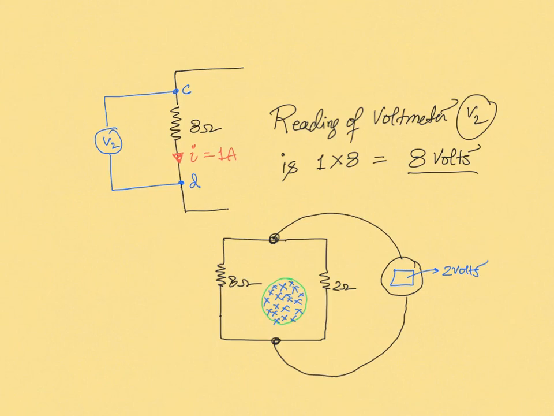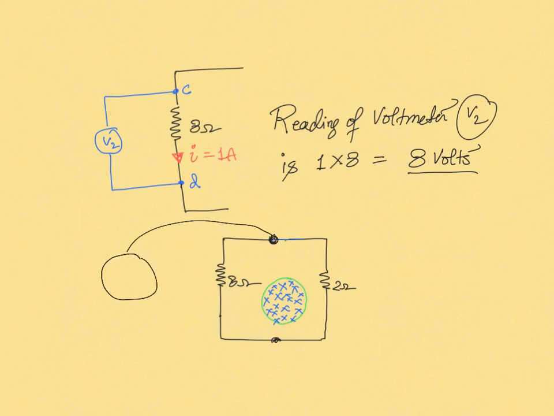Now the same voltmeter, if you shift it to the left side, let me erase this whole thing. The voltmeter is no longer there. So you have just shifted the voltmeter from the right side to the left side, and suddenly it will show 8 volts in the display.